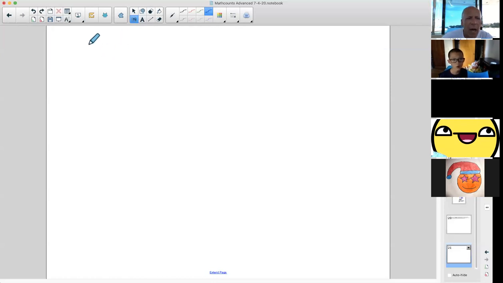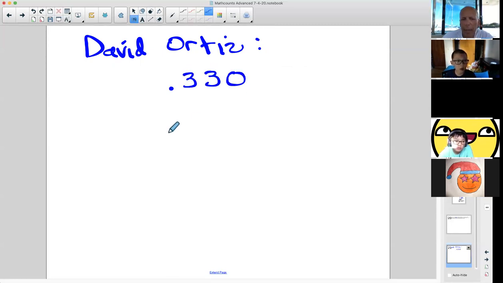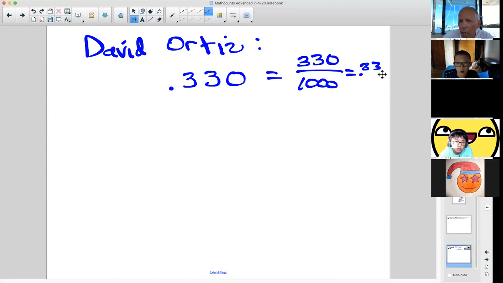For instance, David Ortiz, one of the great batters on the Red Sox, I think his lifetime batting average was around .330, which is 330 thousandths, and of course 33 hundredths, and approximately what?